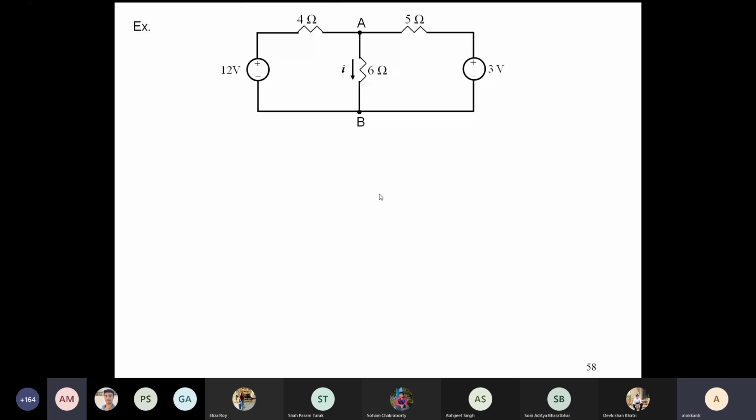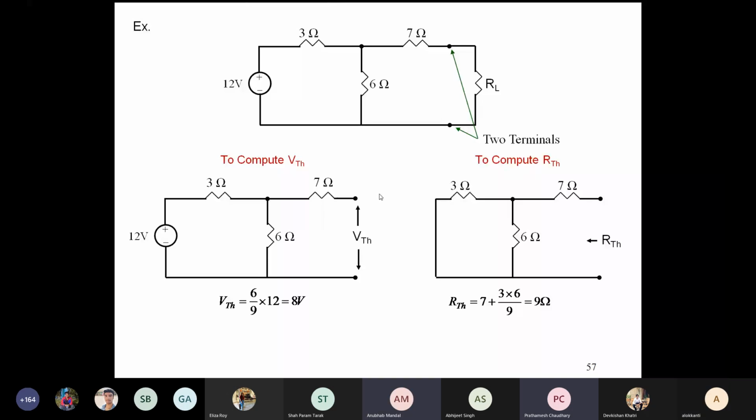Sir, I have a doubt in the previous slide. To compute VTH, you said that the 7 ohm resistor is just hanging. But if we see the original circuit, it will be different there.